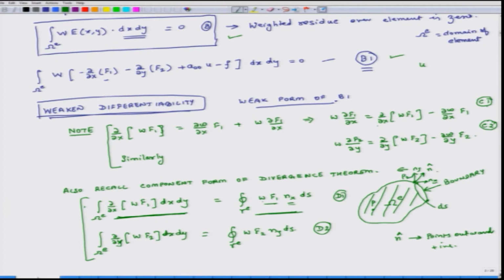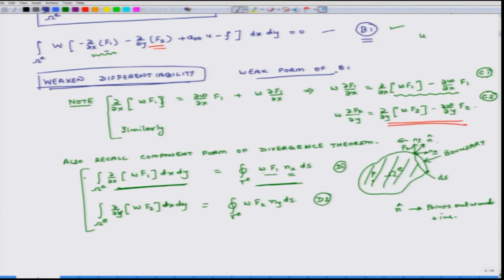Because of this, this term will get replaced by this term, and also this term will get replaced by this term. This is the first step. So, we put C1 and C2 in B1. What do we get?